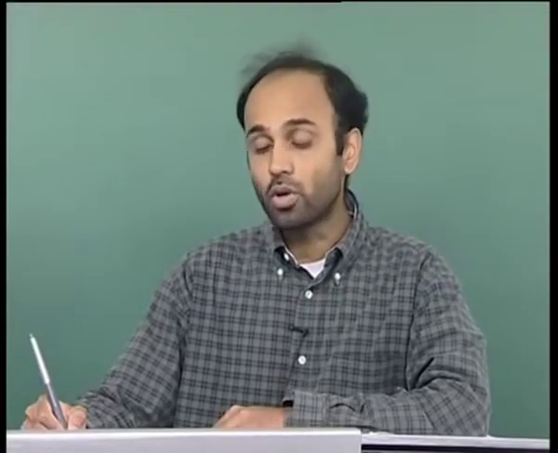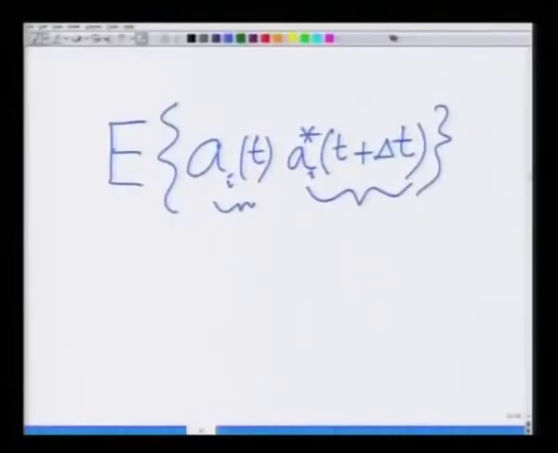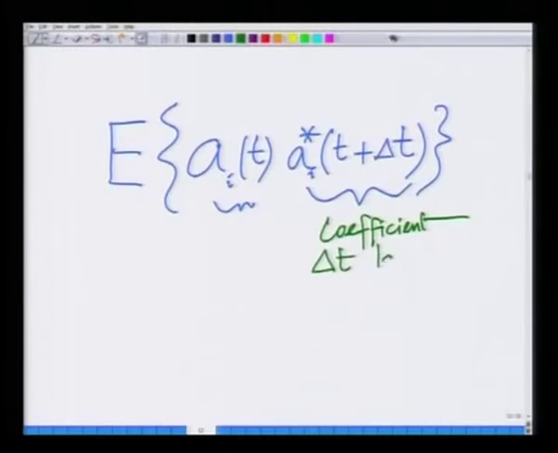I am computing its correlation with a_i conjugate of t plus delta t, which is the coefficient delta t later.